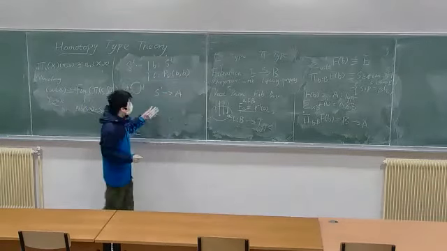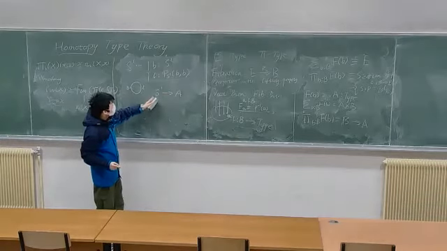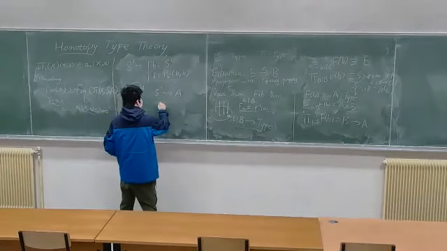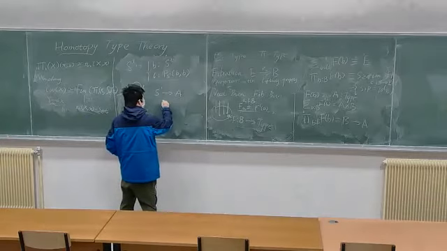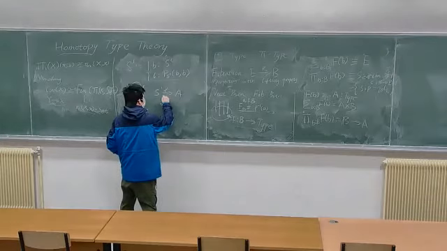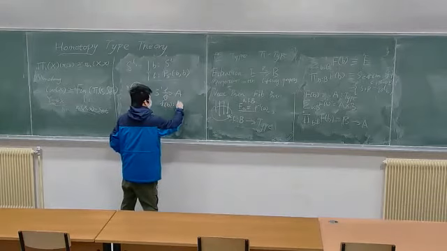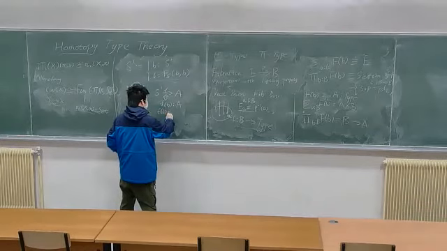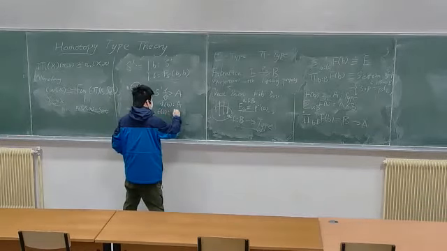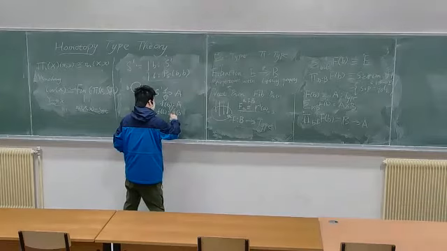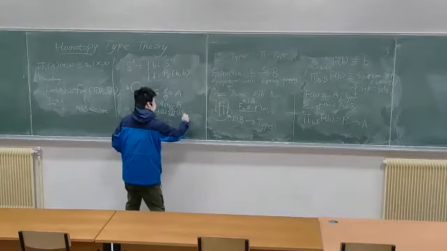So by the universal property, if we want to find a map from S1 to A, it's equivalent to giving f of the base point and f of the loop, a path in the path space from f of base to f of base.